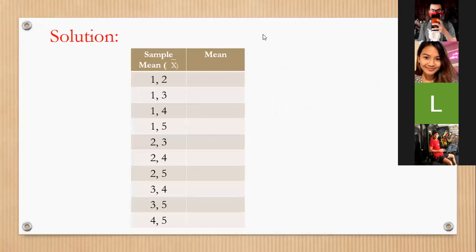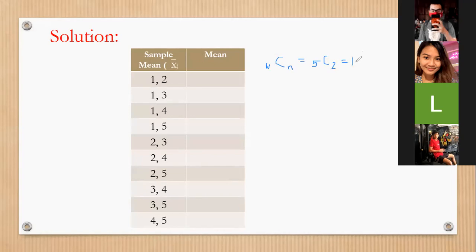Bakit nagkaroon ng 10 na sample mean? Because using the formula, n taken n, ano yung capital N natin? So that's 5 taken 2. Diba? So pag kinuha po ninyo yan sa inyong calculator or ginamit natin yung formula, it will be 5 factorial over 2 factorial times 3 factorial. And that will be equal to 10.